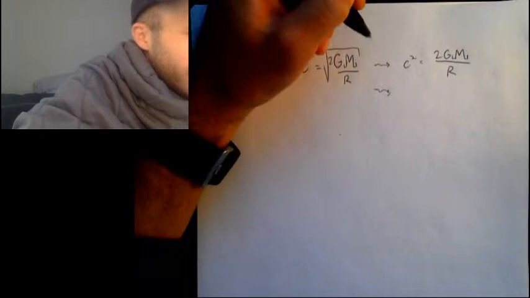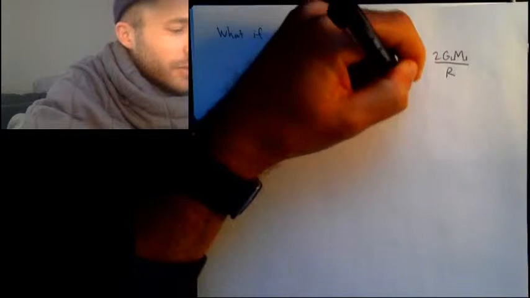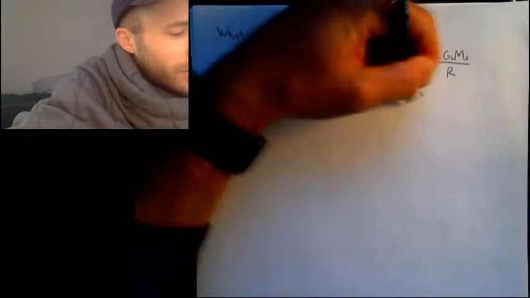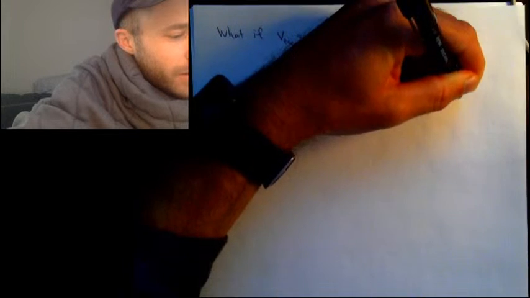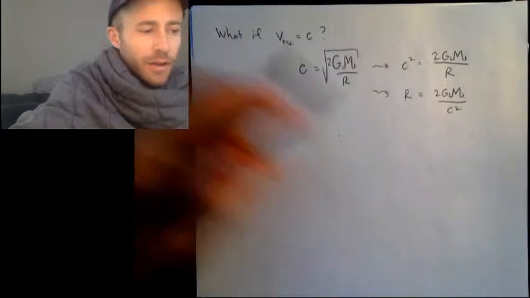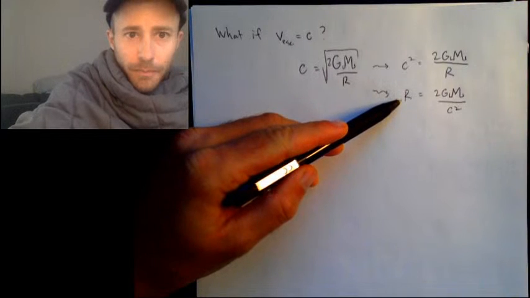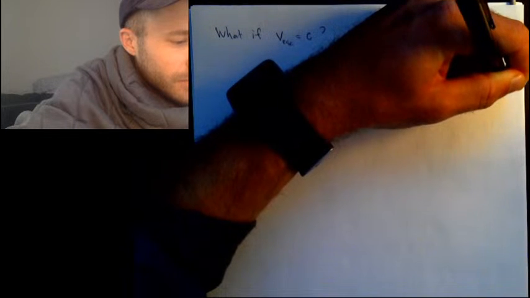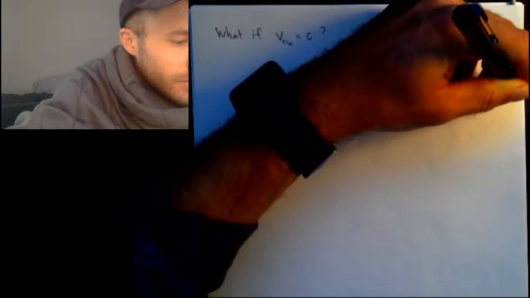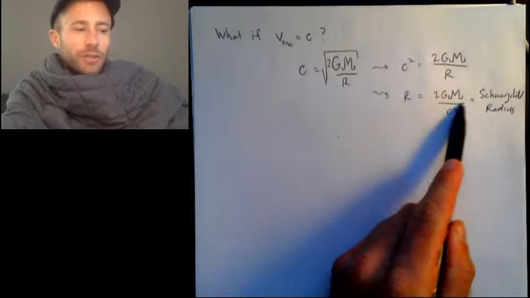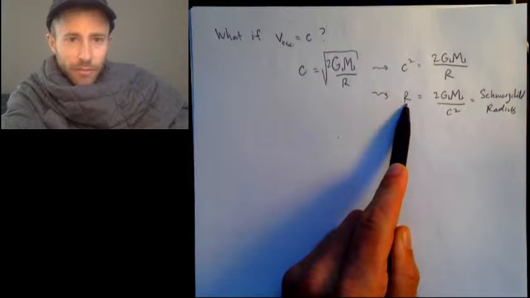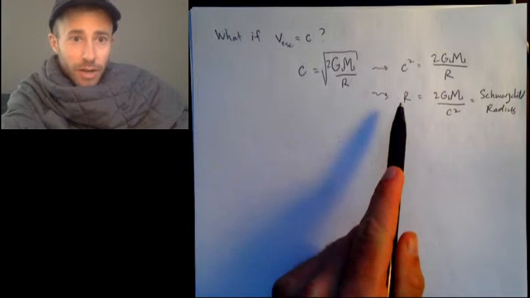And then we can rearrange this, and we get, if the escape velocity is the speed of light, that the radius is 2G big M over c squared. So this is called the Schwarzschild Radius. Basically, if you had this much mass contained within a sphere of that radius, the escape speed would be the speed of light.